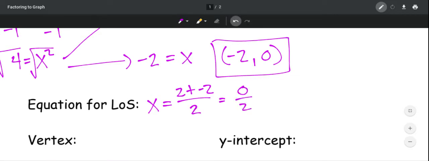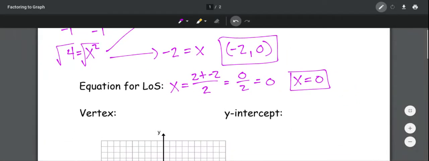It's 0 divided by 2, which is 0. So x equals 0 is my line of symmetry. That's in the middle. Now, what's interesting about this one is the vertex is on the line of symmetry.